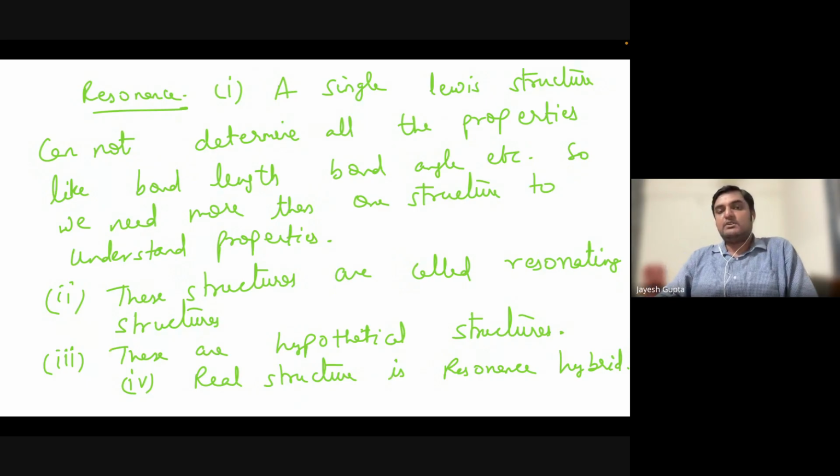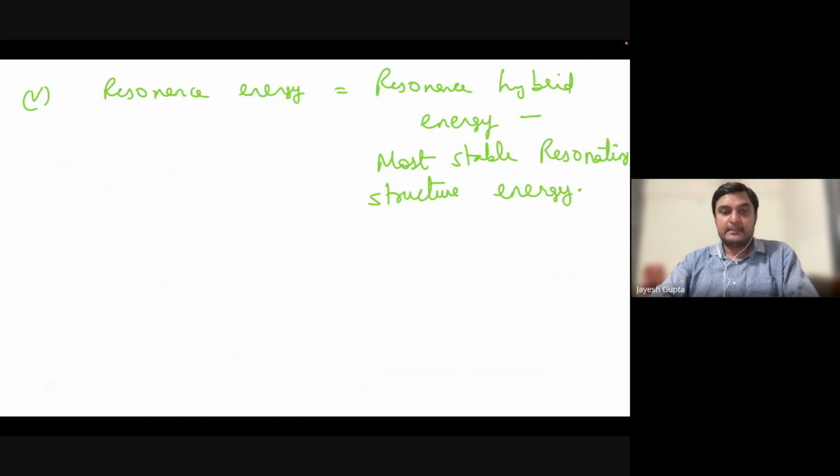But you have also seen a circle drawn within the six carbon atoms. That circle represents that the double bond is present along all the carbon-carbon bonds between all the carbon atoms. That will be your resonance hybrid.